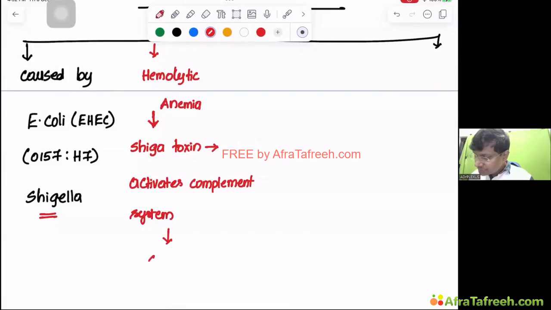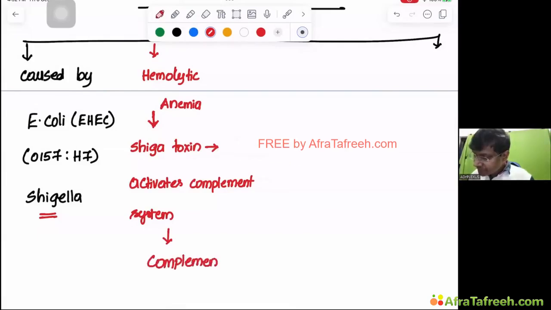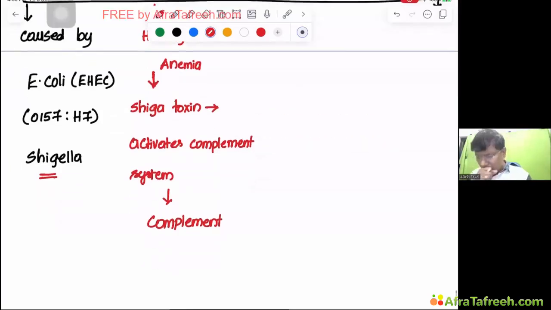And that will cause the release of the complement. Okay? It is complement mediated RBC destruction.